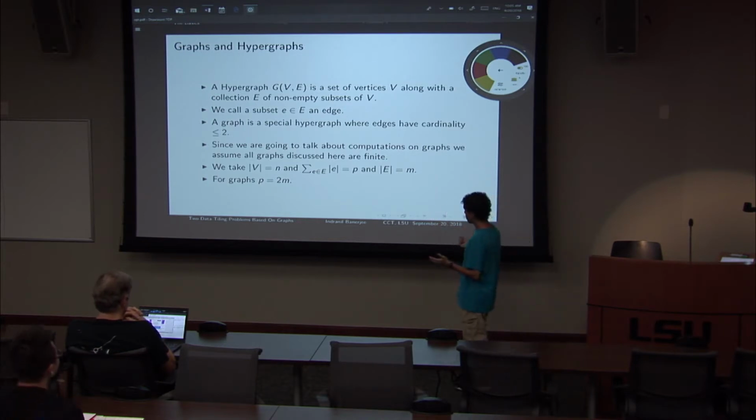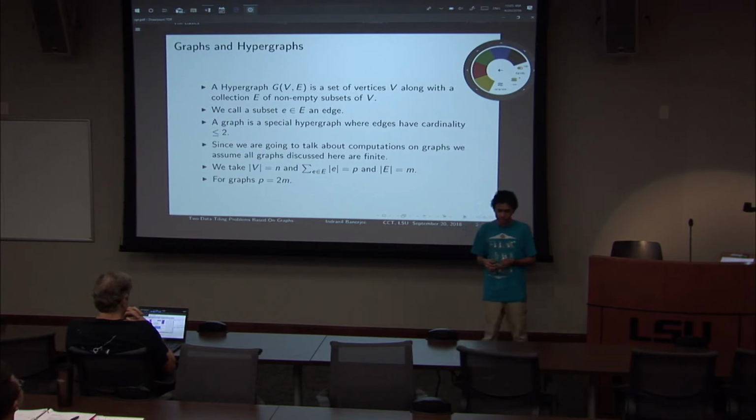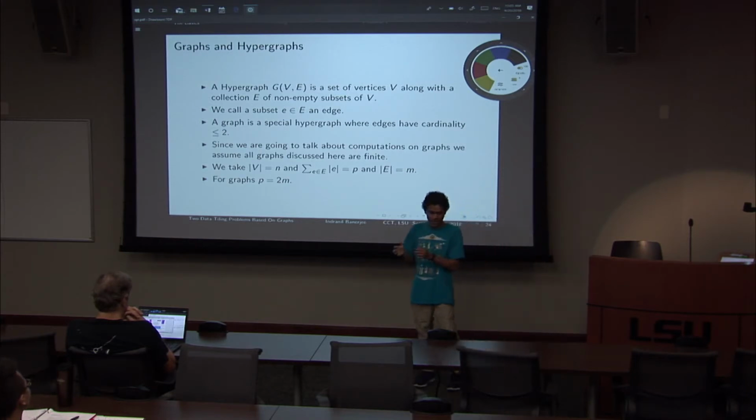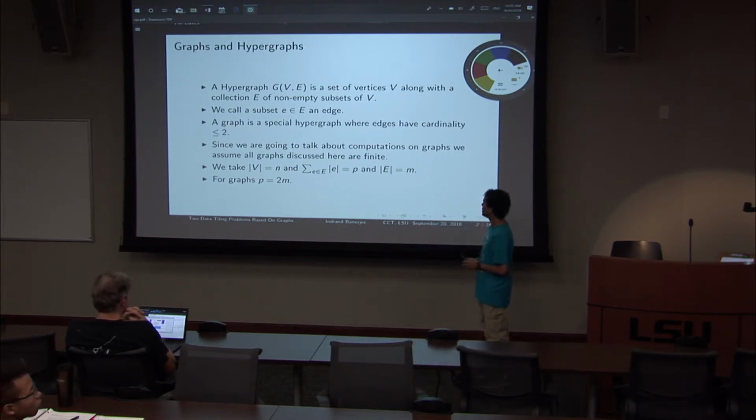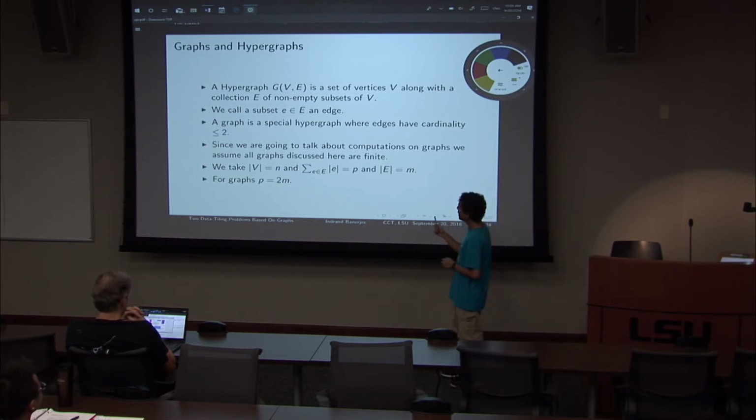Since we are going to talk about computations on hypergraphs and graphs, we assume they are finite. Most mathematicians also work with infinite graphs, but we are not working on infinite graphs.